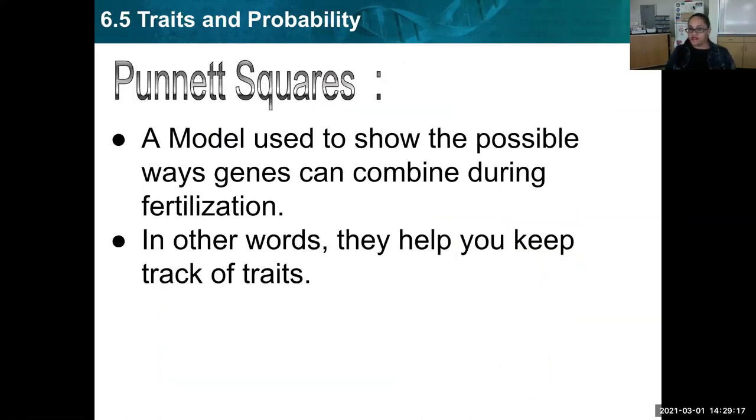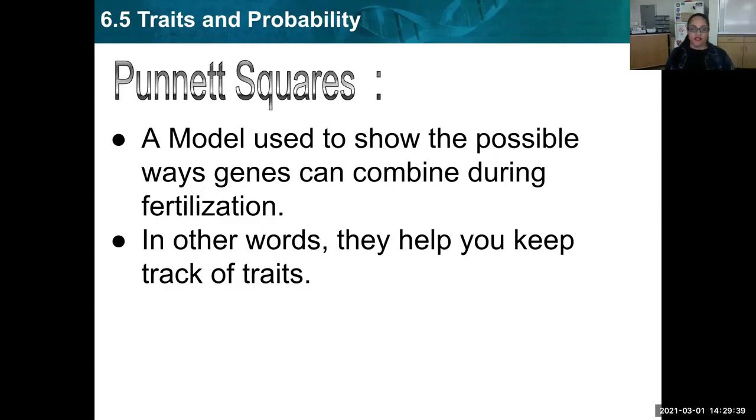Punnett squares. These are a model used to show the possible ways genes can combine during fertilization. Fertilization is when the egg and the sperm combine to form a baby. So in other words, they help you keep track of traits. We got hundreds and hundreds of traits from our parents.